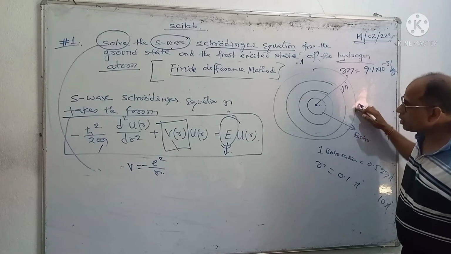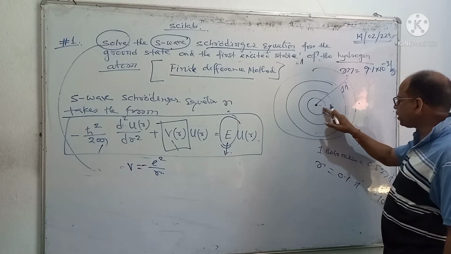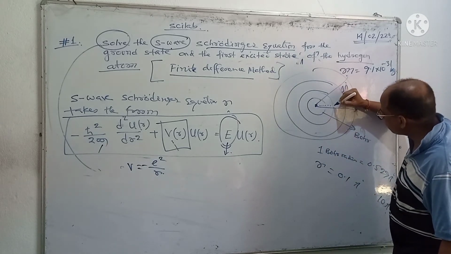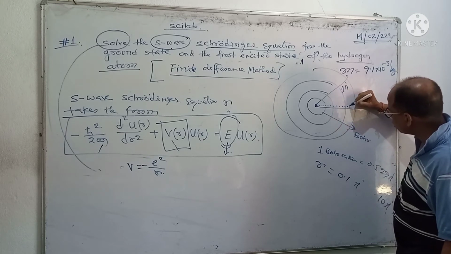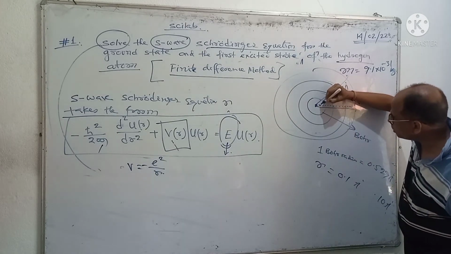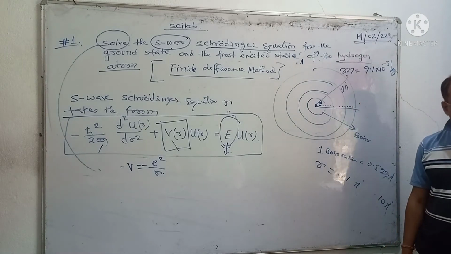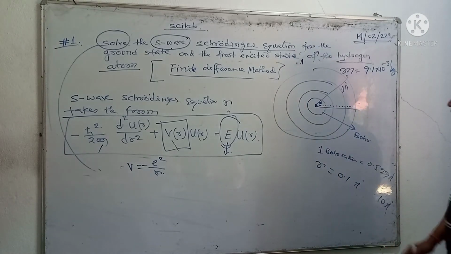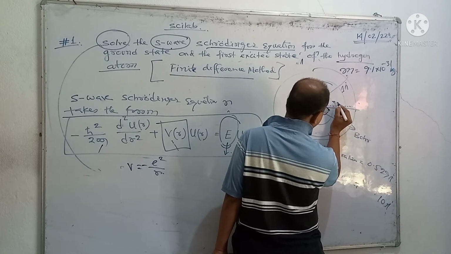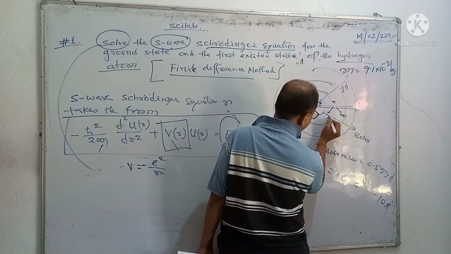Now, here in the finite difference method, I am dividing this whole length into a finite number of points. Okay? Finite number, equidistant. They are equidistant. Suppose the distance is d. Suppose this one is the nth point. This is your n plus 1 and this is your n minus 1.